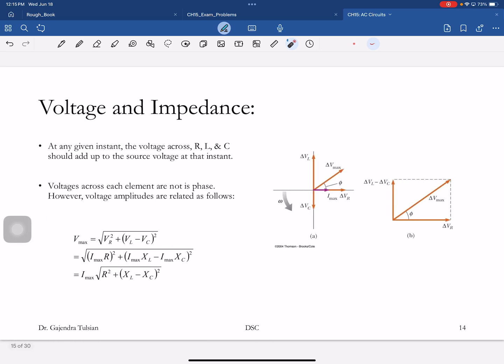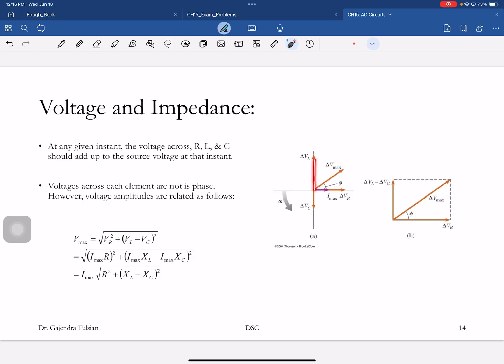So we are going to use the phasor diagram, which is an easier way to solve this. So let's say there is the current phasor for that circuit, and the voltage across the resistor is in phase with the current. So there is the voltage phasor across the resistor.